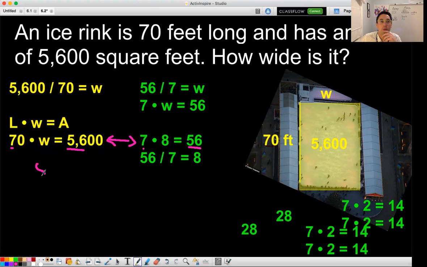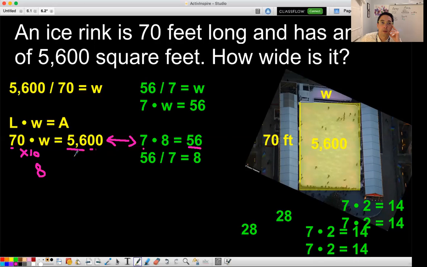So I know this is going to be 8, but 8 what? Is it 8 ones, 8 tens, 8 hundreds? This is my times 10 here. And that can give me times 10 here. So that would give me this 0. 56 times 10 would be 560, but I need this other times 10.